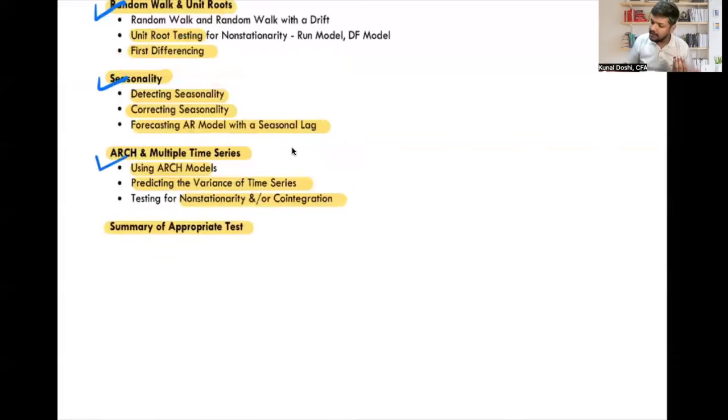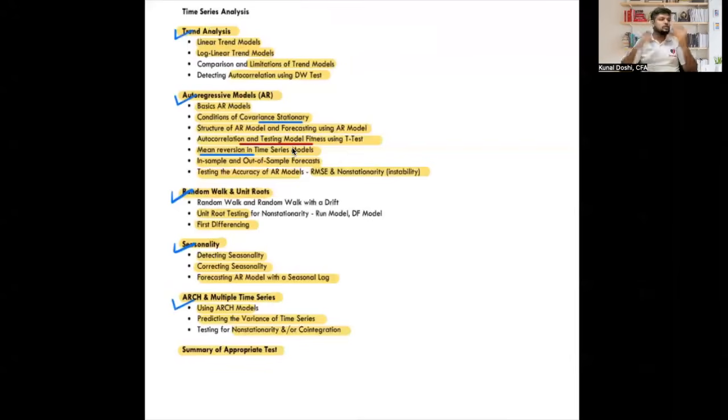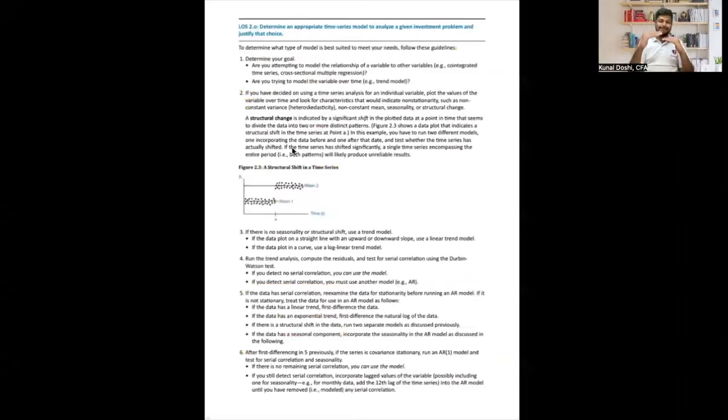Clear, right? Wow. All those who say it is easy in Level 1, yes, but Level 2 is Level 10. I'm sure your head must be spinning by now. Before I go ahead, I wanted to say something about why I'm doing everything in detail. I'll probably say it after the end of the session. But the problem with CFA Institute is Level 1 is here, Level 2 and Level 3 should be here, right?